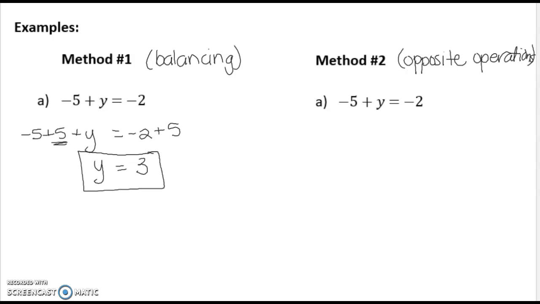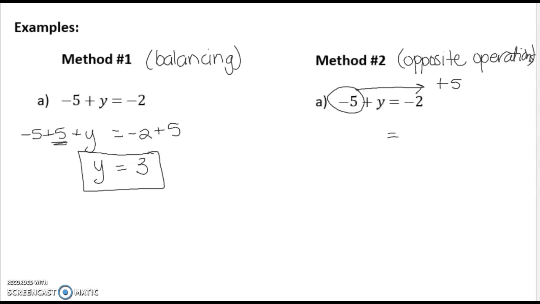Now by doing opposite operations, we do the same thing. We keep our equal signs lined up. We want our variables, which are x, y's, and z's. So we want our y on one side, and we want all of our numbers, our constants, on the other side. So opposite operation, if we need to move this 5, the opposite of negative 5 is positive 5.